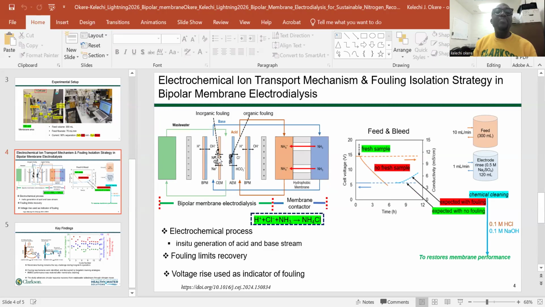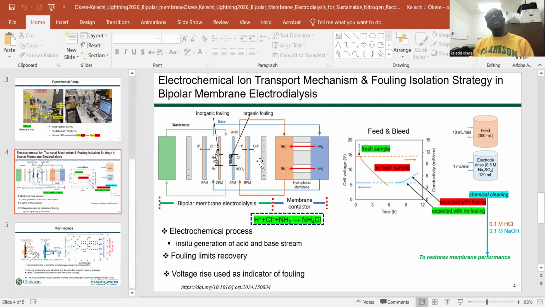And at this base stream, by the time we get the pH up to about 9.2 going up, we see that there is liberation of ammonia from this ammonium, which goes into the membrane contactor and diffuses through this hydrophobic membrane. And based on the reaction between the ammonia and the proton as well as the chlorine ion, we have recovery of this ammonia in the form of ammonium chloride.